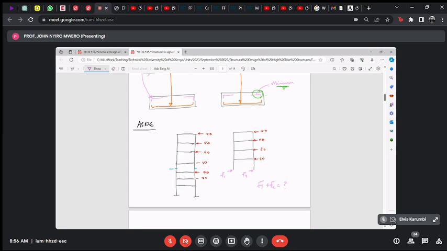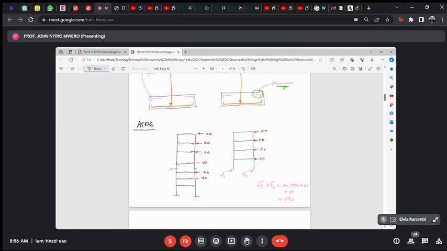From your analysis of structures. Sum of forces in the x direction. I mean, sum of forces in the x direction. You've got 100 plus 80 plus 60 plus 50. 180, 240, 290.